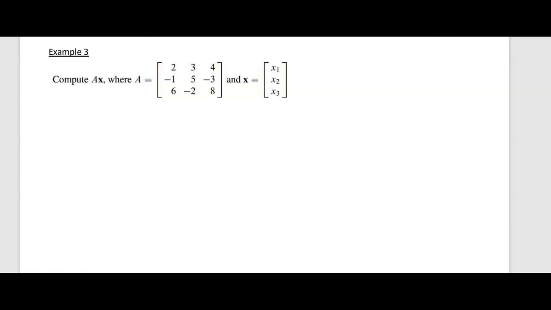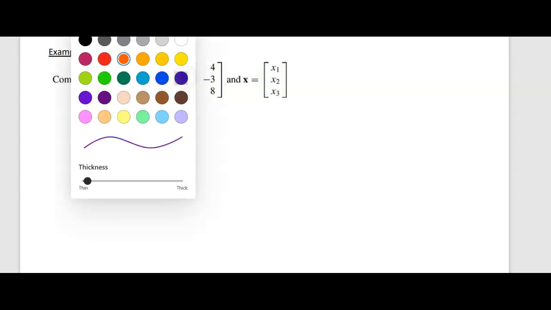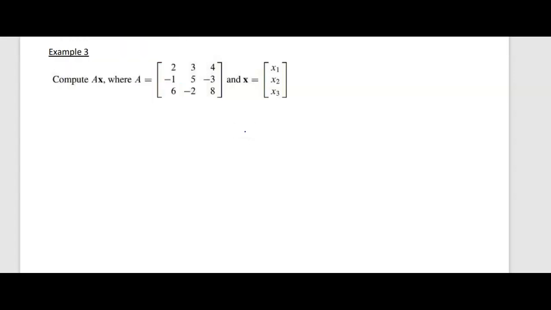All right, we're going to go ahead and show how we would compute A times X here for these two matrix and then column vector pieces. Okay, so I'm going to write this A times X exactly like this.